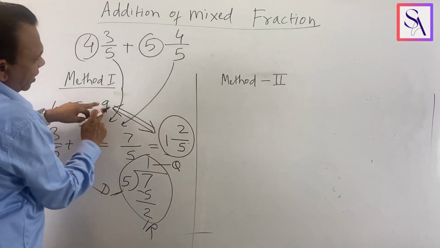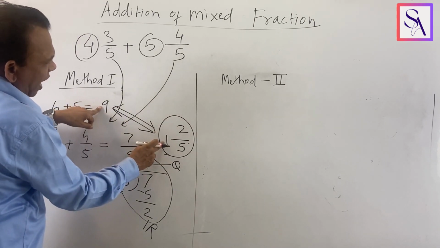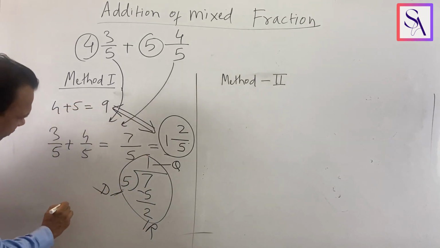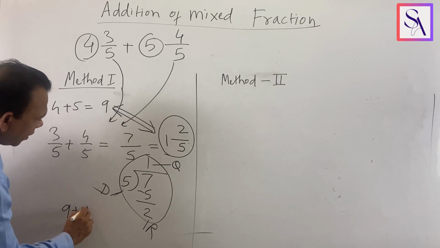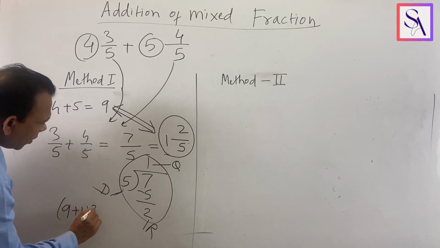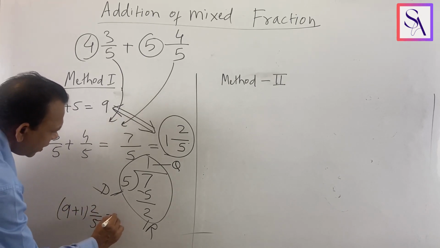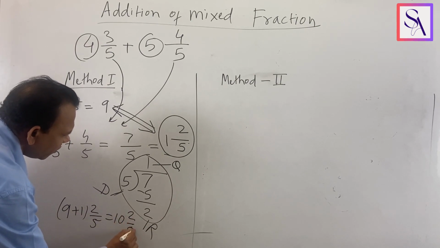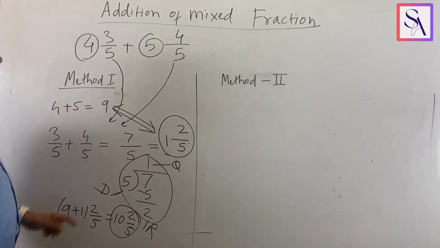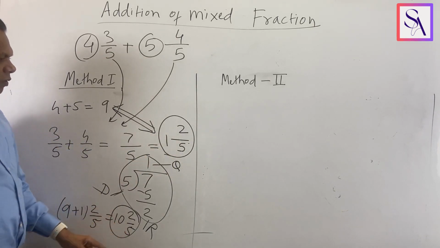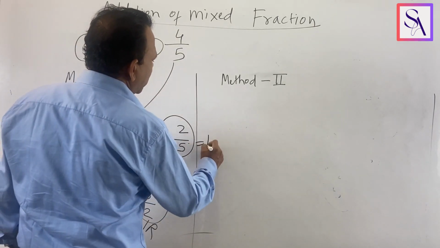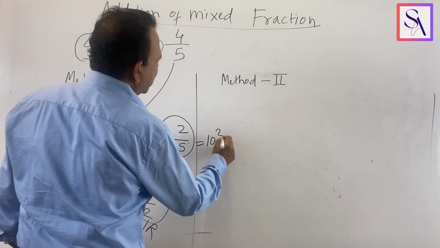So how to mix it? 9 plus 1, 10, 2 by 5. So 10 2 by 5 is our answer.